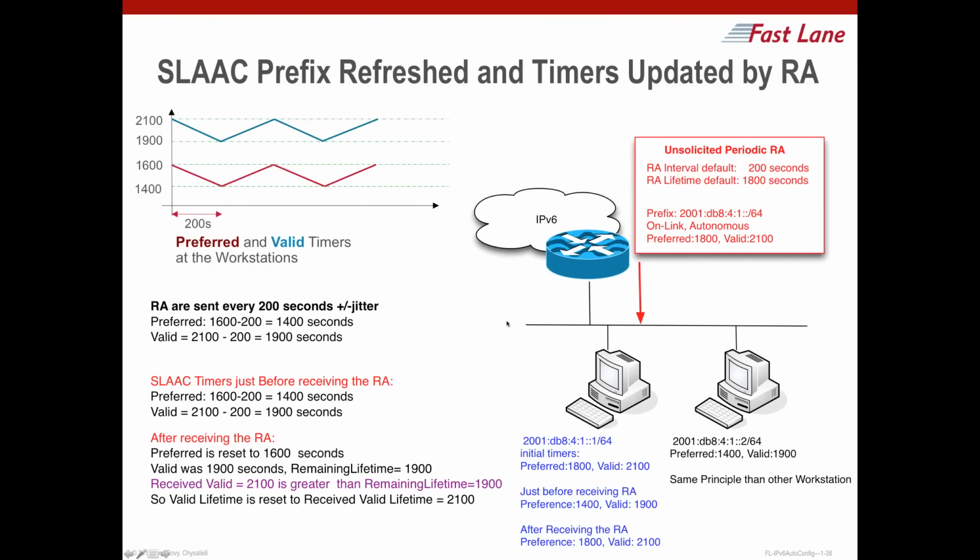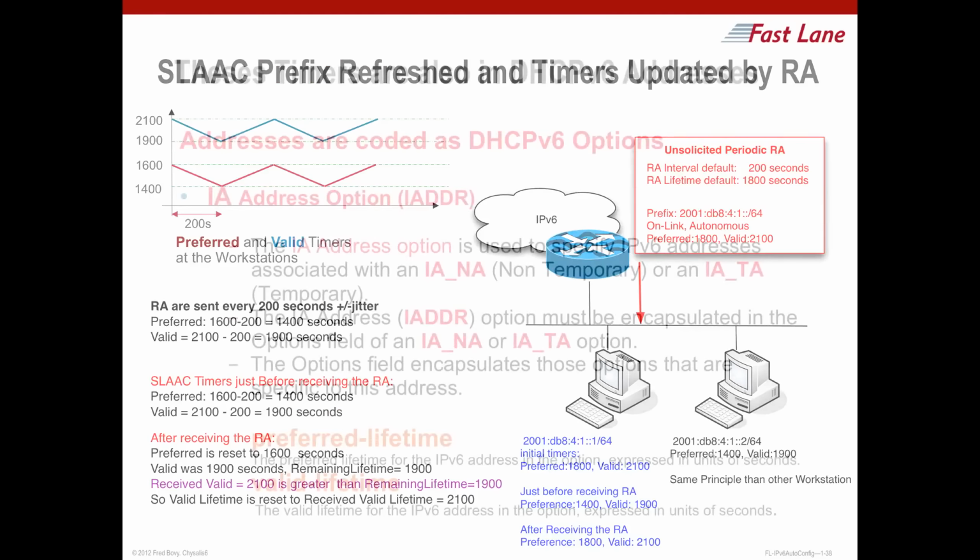So this is normal behavior for workstations. The timers are decremented, and every time a new router advertisement is received, the preferred and the valid timers are reset, so the address is always in the preferred state and never reaches the deprecated state. So that's the normal operation.